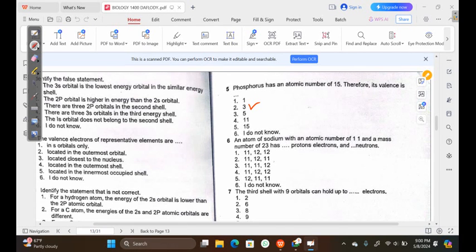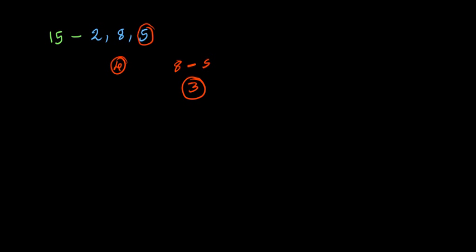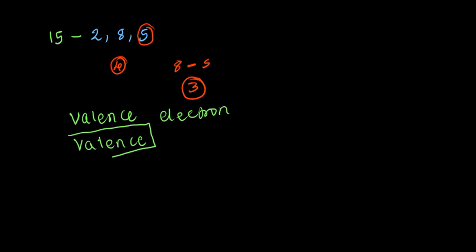Moving on to 6. Okay, so the valence electron and just the valence of an atom are different. If they say the valence of an atom, you subtract from 8 if it goes beyond 4.